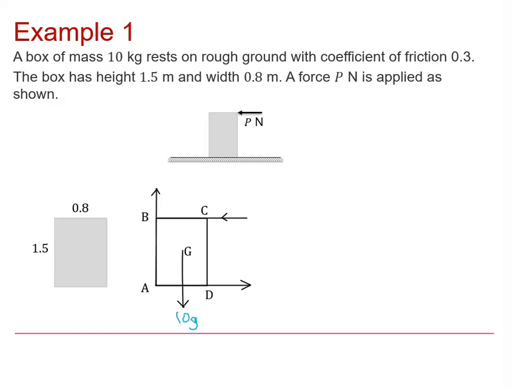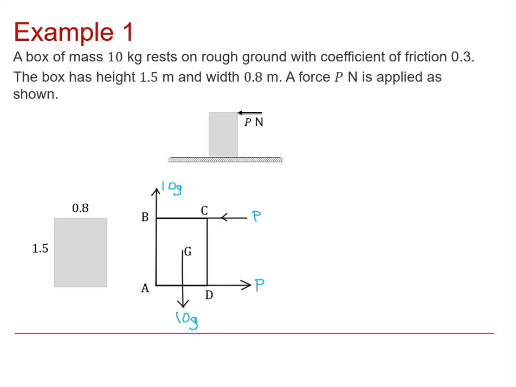If we resolve vertically, the two horizontal forces don't contribute, and we conclude that the only upward force has to be 10g as well. If we resolve horizontally, given that the force P is applied, we conclude that the friction must be P in the opposite direction.